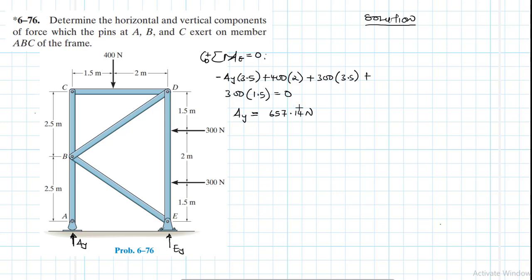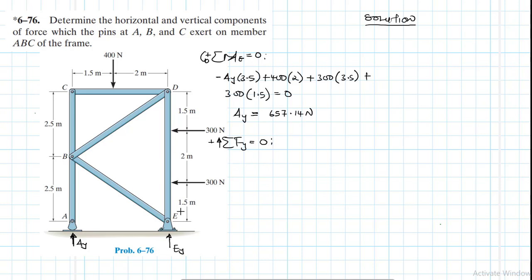Let me redo this: 400 by 2 plus 300 by 3.5 plus 300 by 1.5 and divided by 3.5. So 657.14.